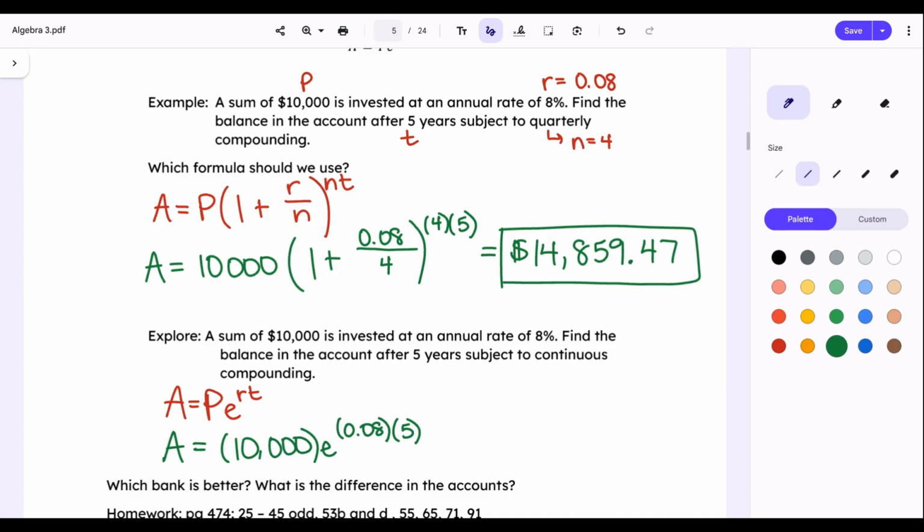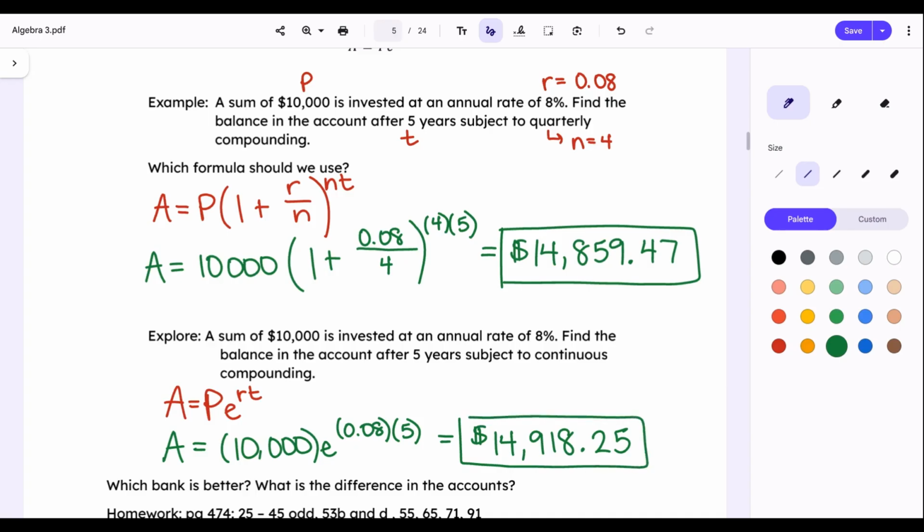Again, though, if you really want to make sure you're typing it in right, you could start with the E stuff first. So in the exponent, take 0.08 times 5, and then take that times 10,000. This time for an answer, we get 14,918 and 25 cents if I round it here.